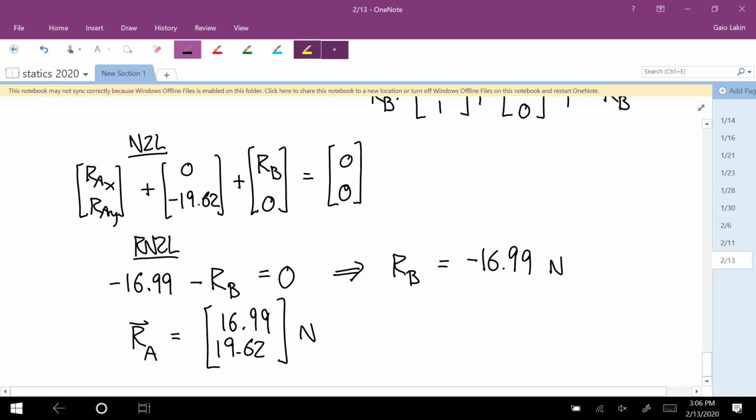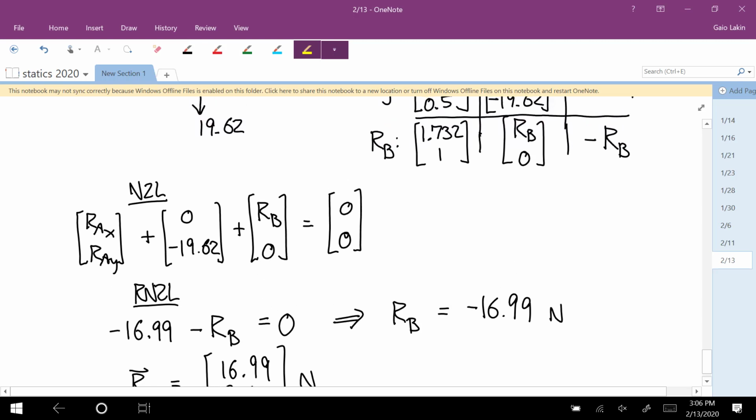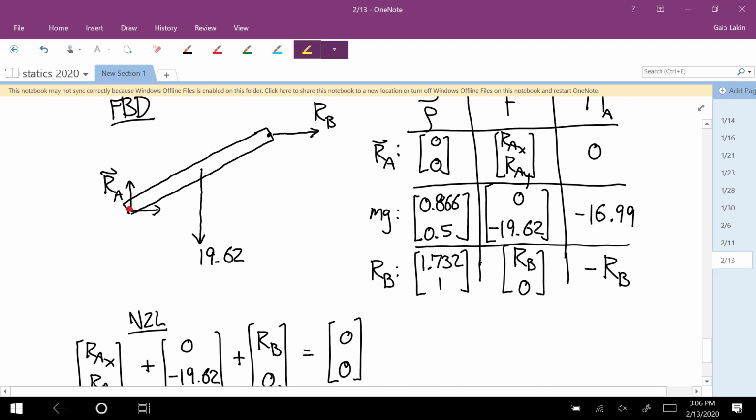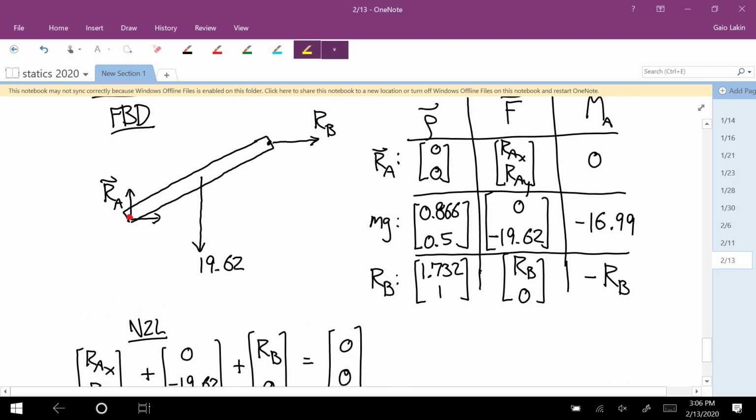Okay, so what does this negative mean on the 16.99? What that means is if you want to calculate the force vector that this applies to the body, you take that value, negative 16.99, and plug it back into this vector. The vector you get is negative 16.99, 0. That's the vector if you had chosen what turns out to be the right way from the start, with RB pointing that way, in the negative x direction.